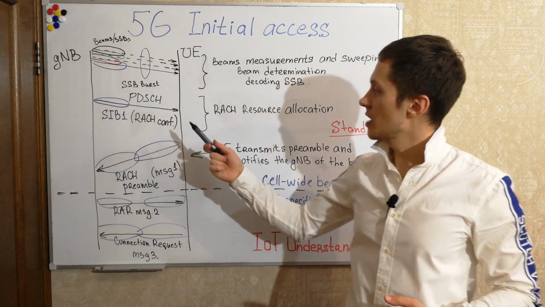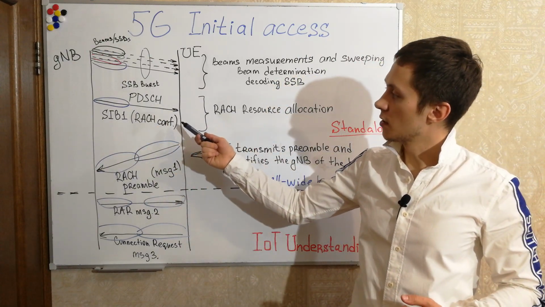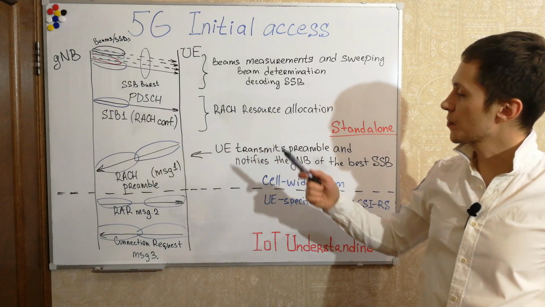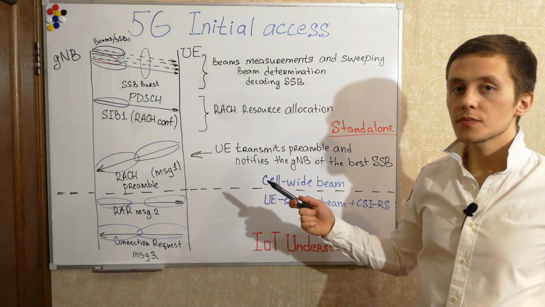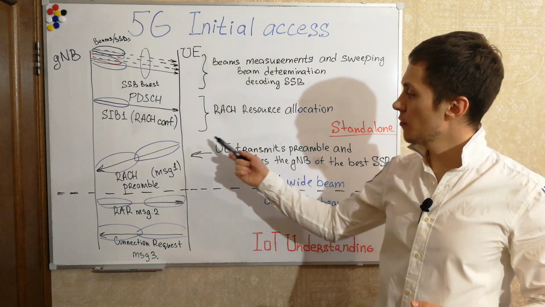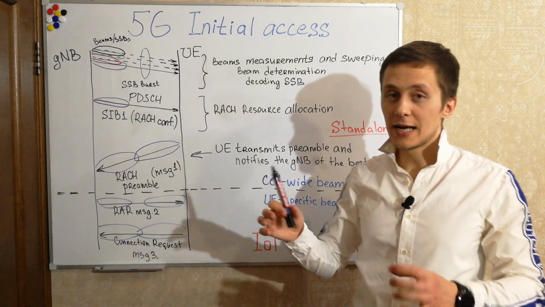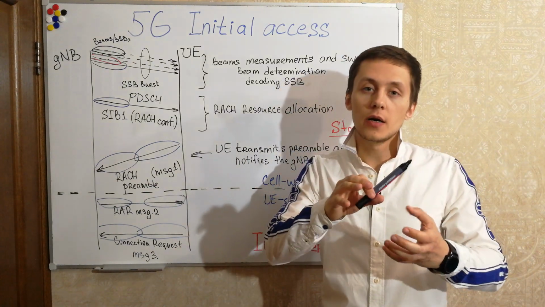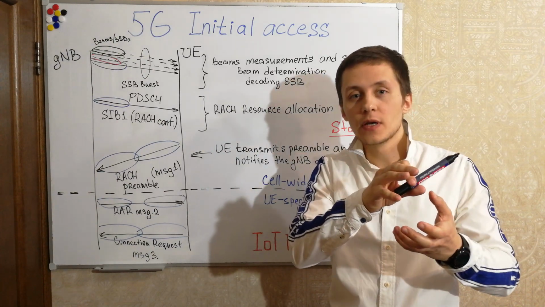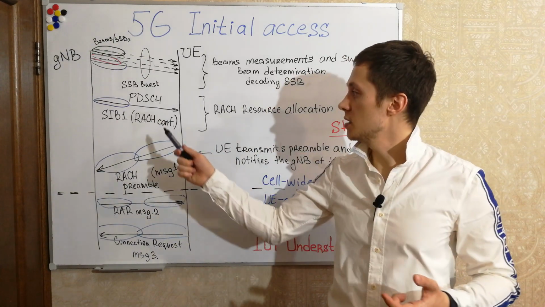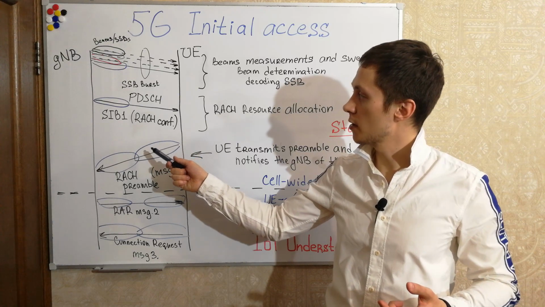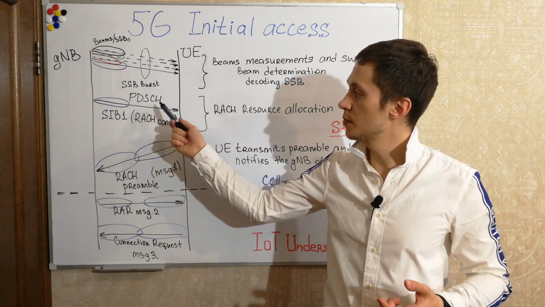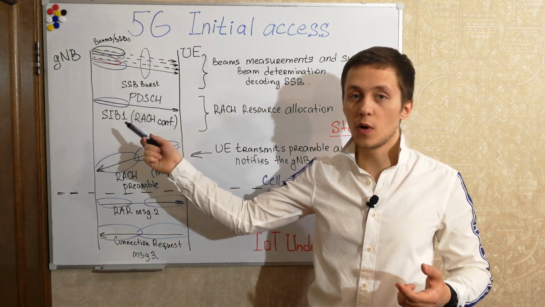So at this step you receive the SIB1 block with resource allocation, and now user equipment forms its own beam towards the same downlink beam that was used for receiving PDSCH, for receiving SIB1.